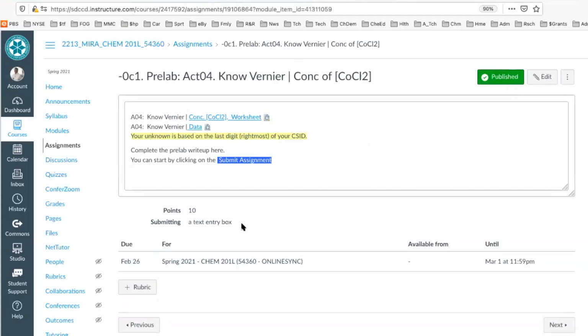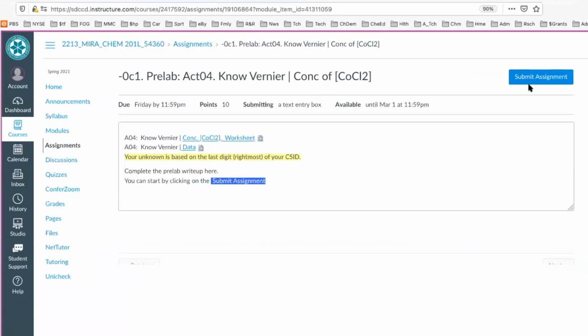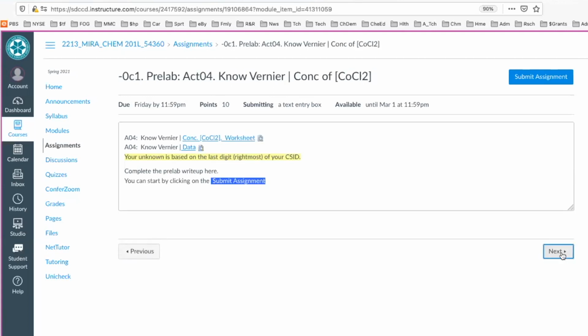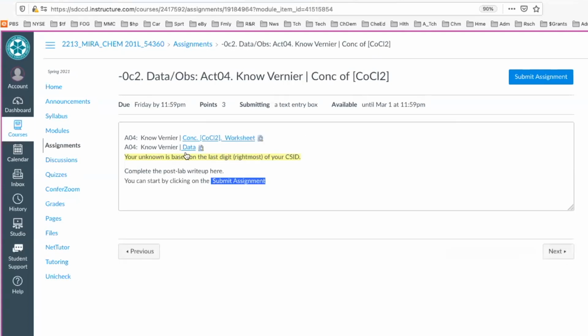You write it by clicking on submit, and that will give you access to the text table. You want to just put your PreLab here, and then in a different space, the data and observations. That's this right here. And then you want to write in a different space the post-lab.